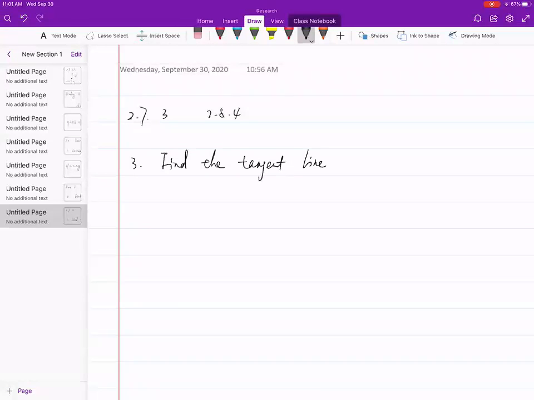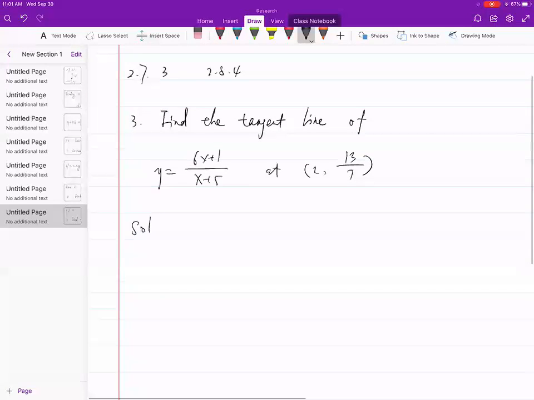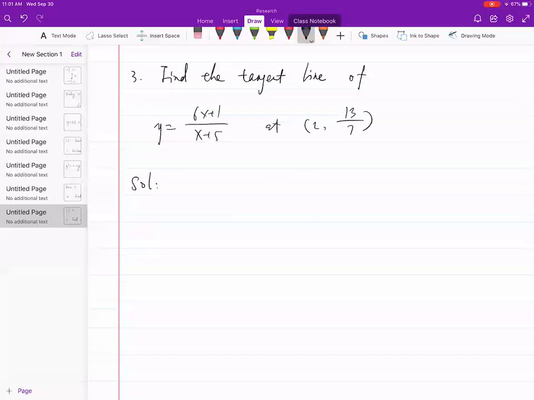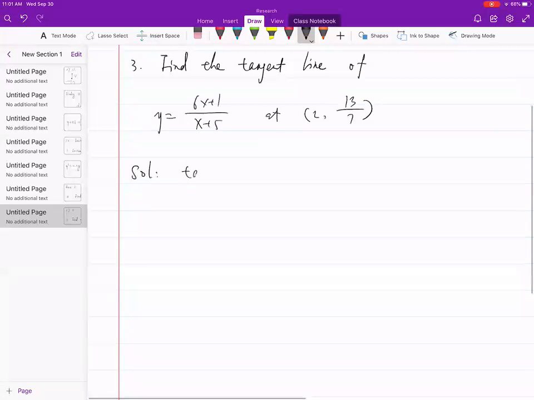Find the tangent line of y equals 6x plus 1 over x plus 5 at 2. Okay, yep. So we're looking for the tangent line.